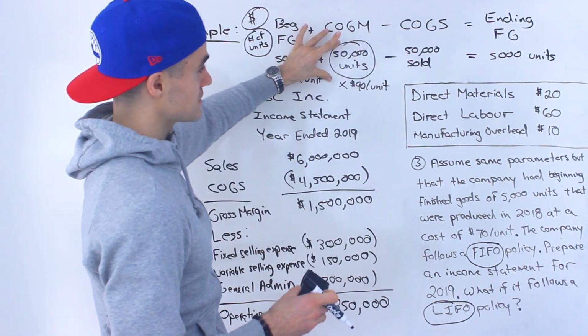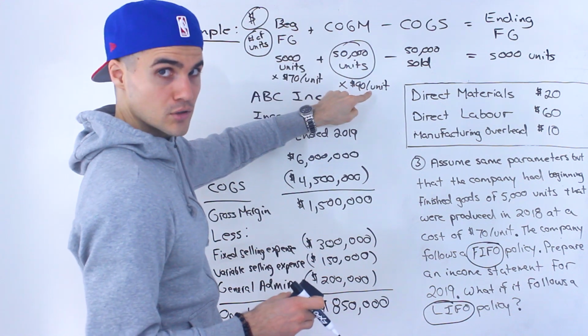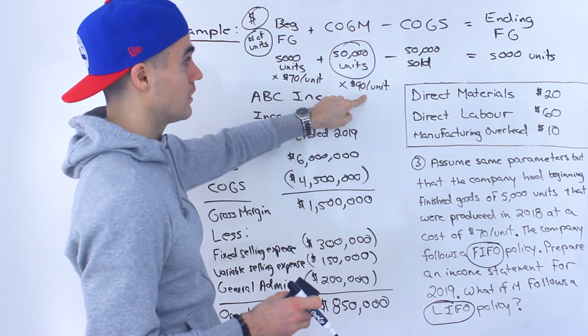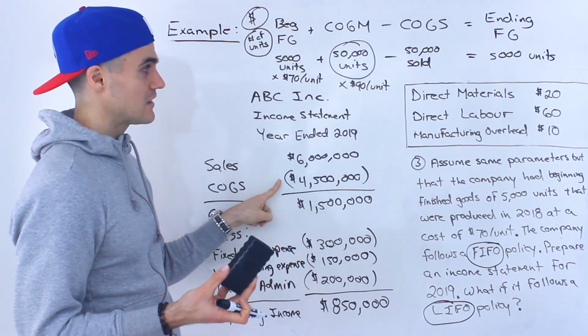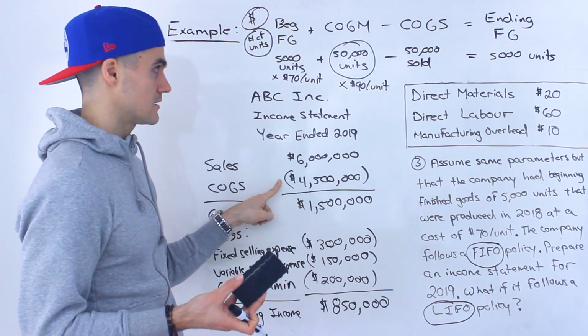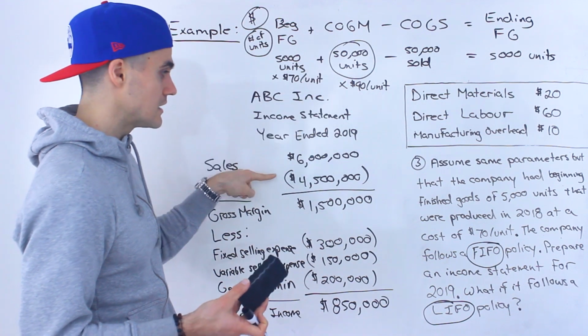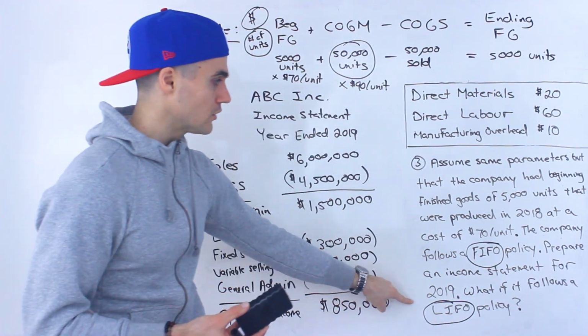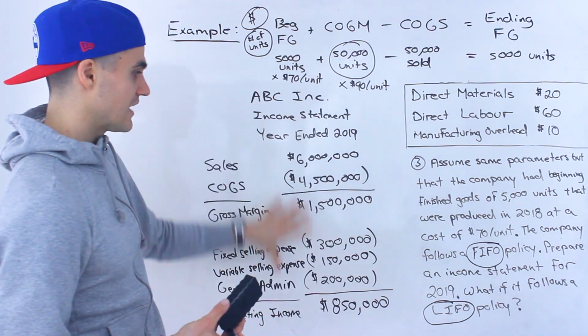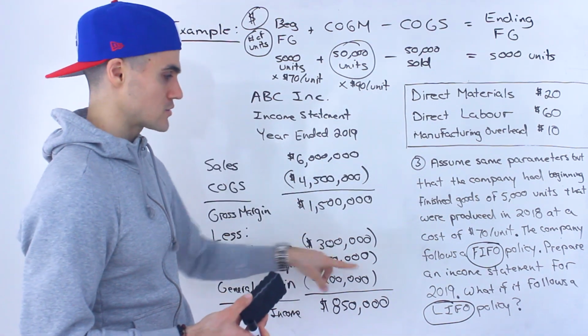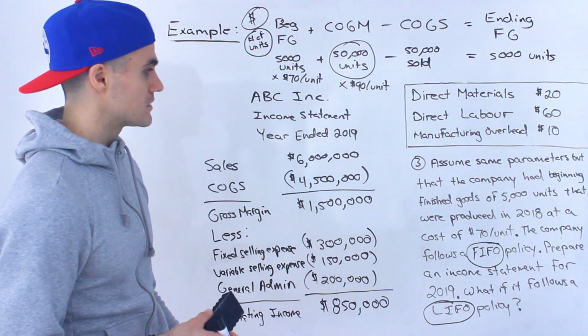And then if these 50,000 units are coming out, they have a unit cost of $90, then this cost of goods sold is still going to be the same. It's going to be that 4.5 million still, right? 50,000 times 90 gives us 4.5 million. So under a LIFO policy, even with this new information, the income statement is actually going to stay the same. That's why I wanted to start with the LIFO policy.